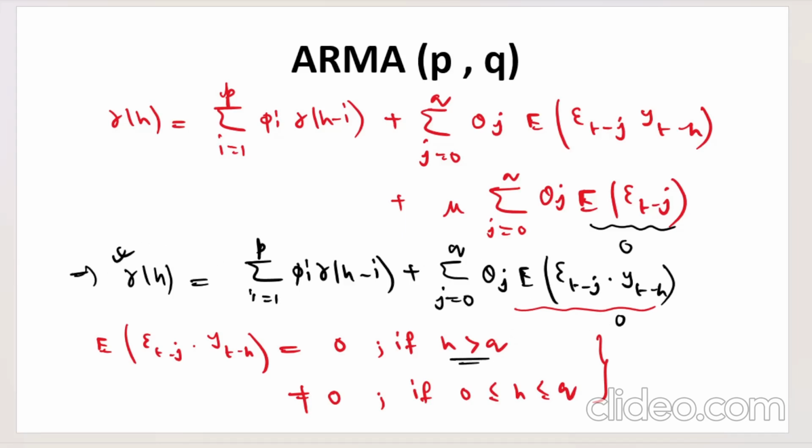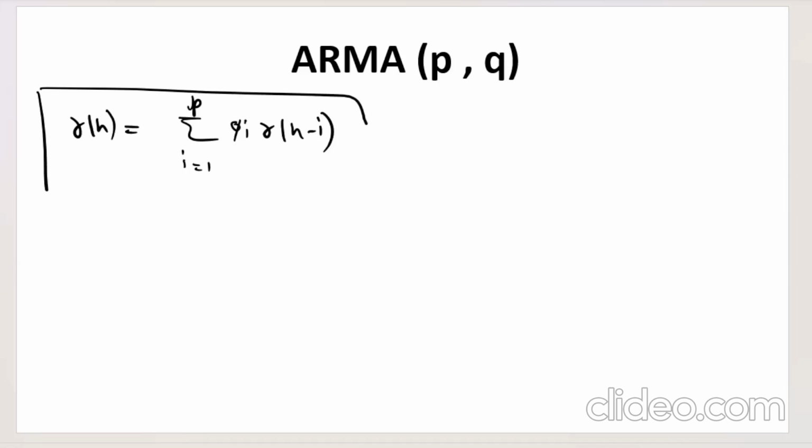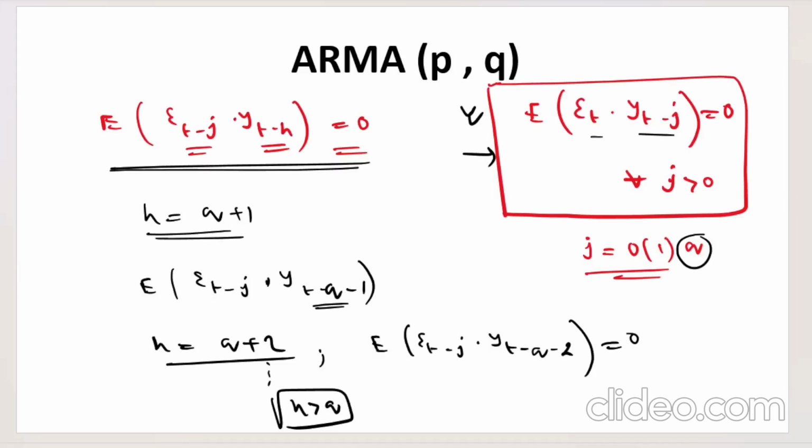So what will be the expression for gamma h? Let me write it down. Gamma h is simply the summation over i from 1 to p of phi i gamma h minus i, for all h greater than q.